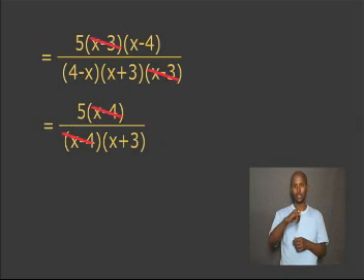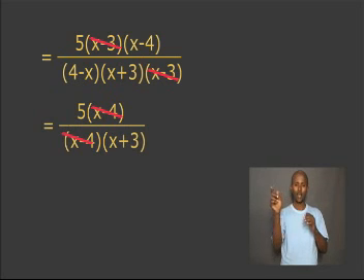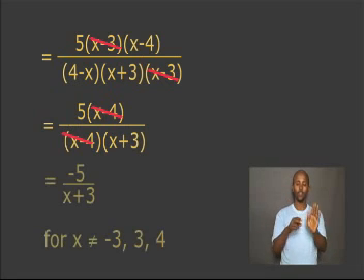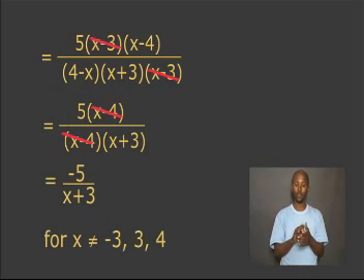Then we cancel common factors on both numerator and denominator. X minus 4 and x minus 3 cancel out. We can multiply the terms and find our answer, which is negative 5 over x plus 3, for x cannot equal negative 3, 3, or 4. I hope you found the same answers, students.